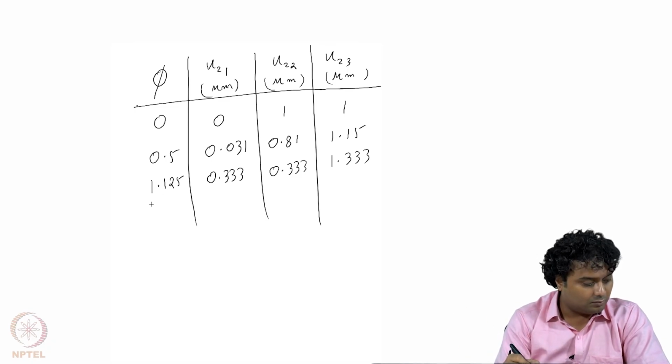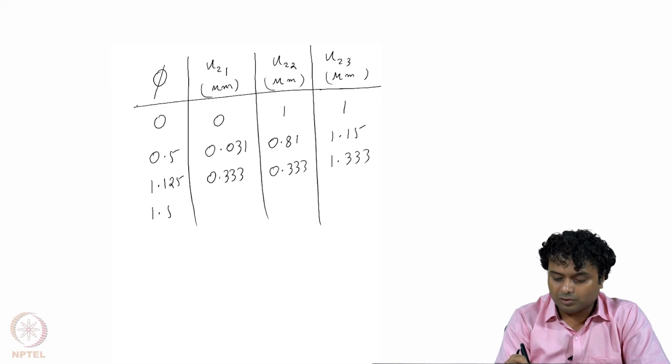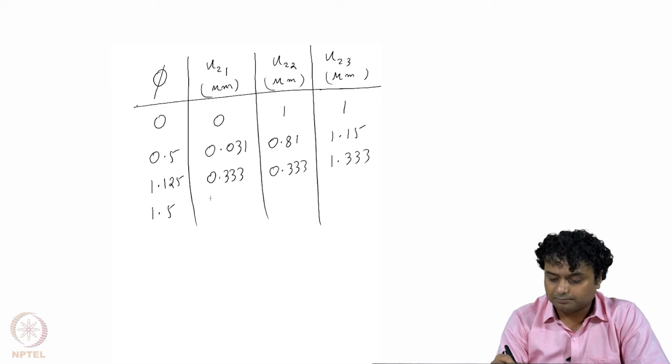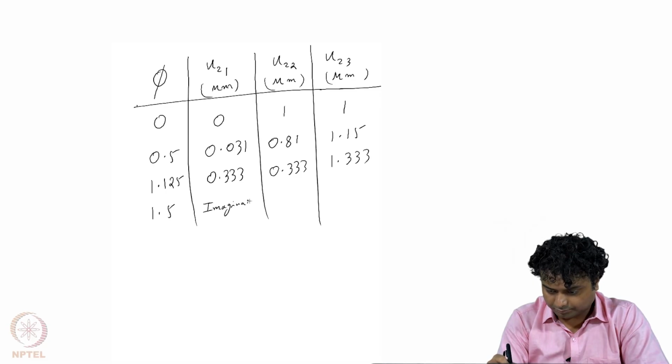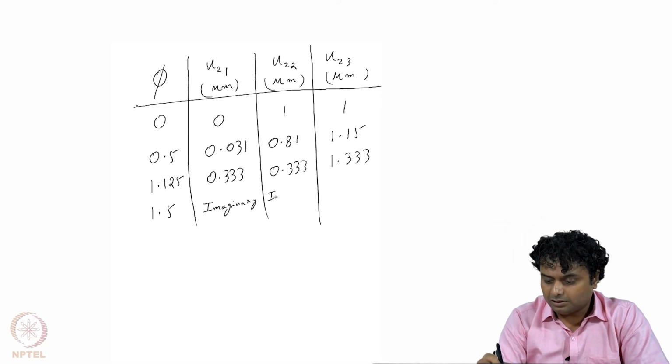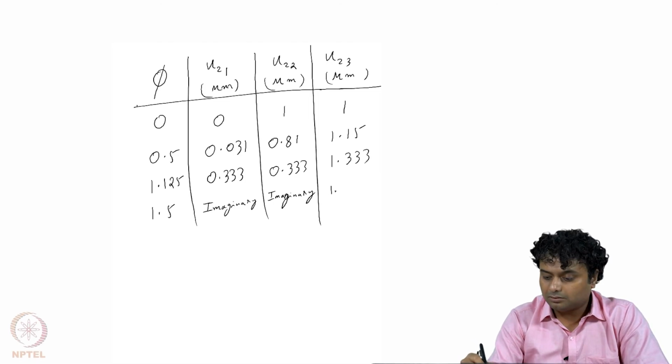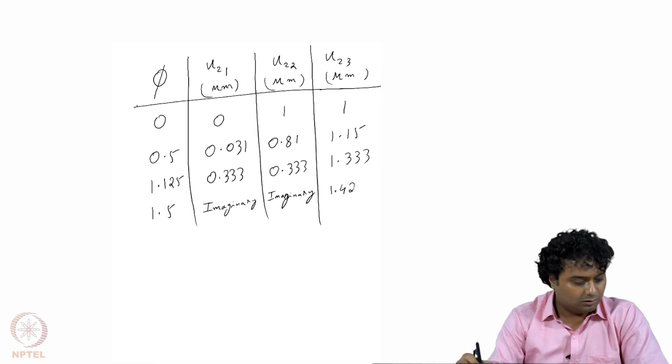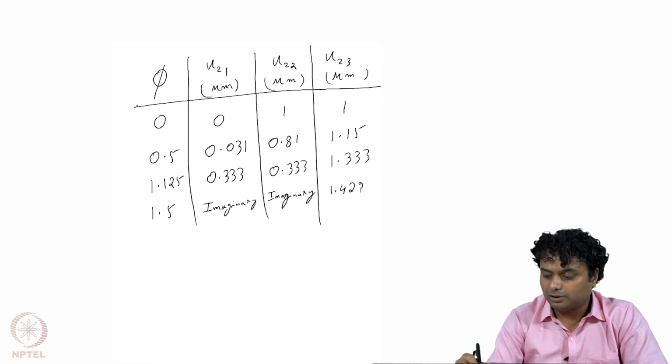Now take, let's say, more voltage than that. If you take 1.5 volt, we get this is also imaginary, 1.429.